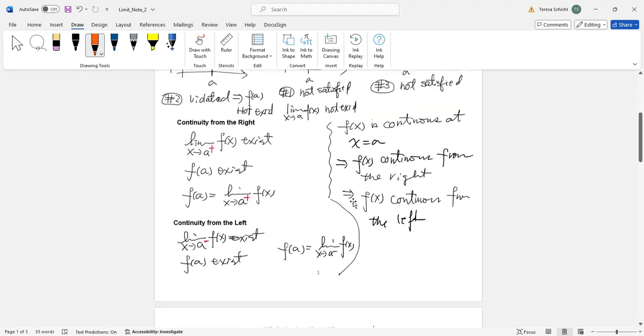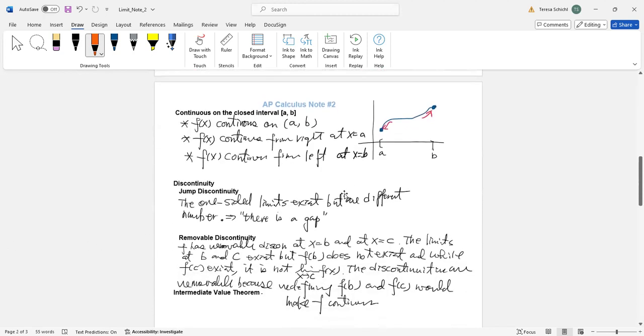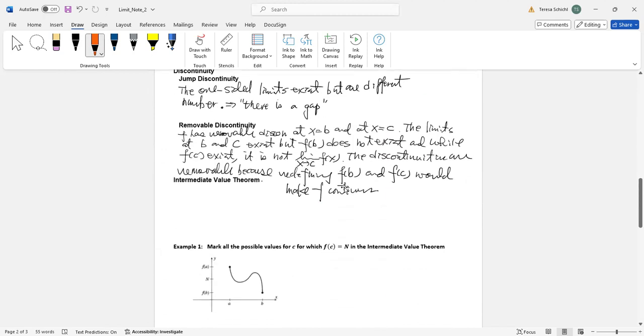So for this situation, if I do have a situation like this, so for this f of x is here, I cannot redefine this function because even if I redefine this function, I still have a gap.